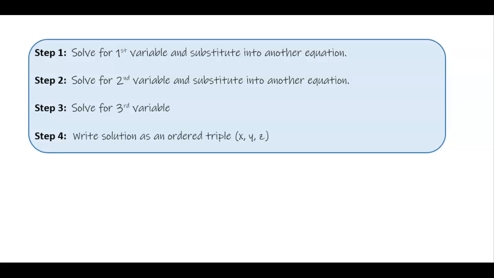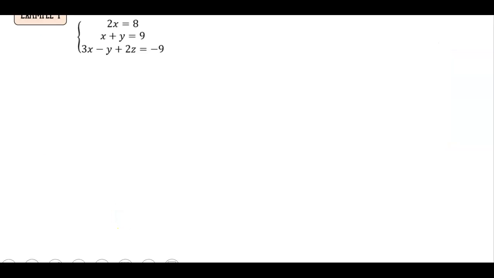Using that variable, you're going to plug it into the second equation and solve for the second variable, right? And then using those 2 variables you solved, plug them into the third equation to get your third variable. And then step 4, you write your solution as x, y, z, okay? Seems like a lot, but follow me and you'll be all right, okay?